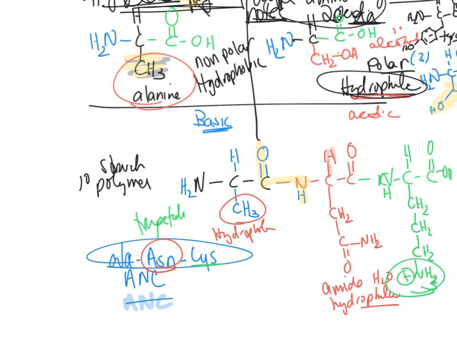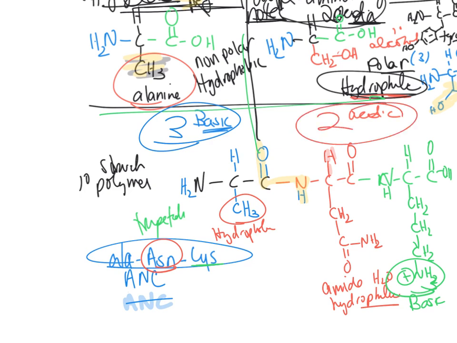You have your primary amine. This is basic, this is hydrophilic, that's hydrophobic, and that's how you classify these in your division here. You should have 3 basic amino acids, and you should have 2 acidic amino acids.